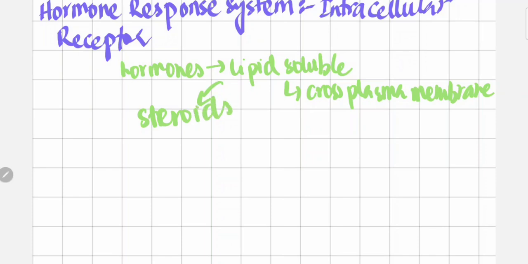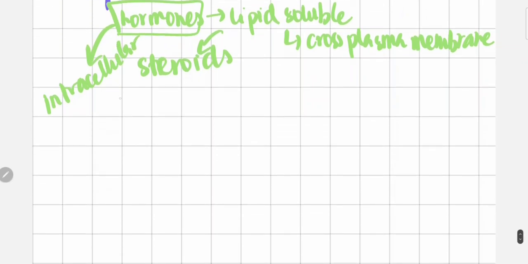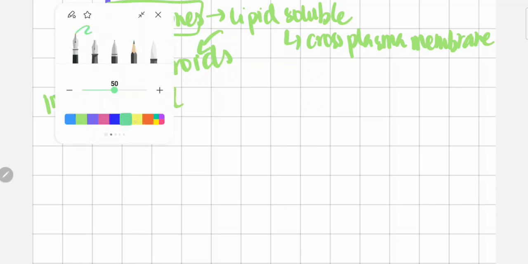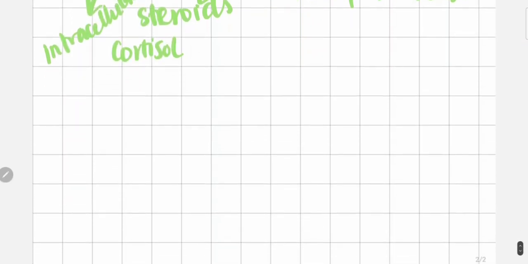The hormones that can cross the plasma membrane will have receptors which are intracellular. That is always going to be the case. Now we will take the example of cortisol here.